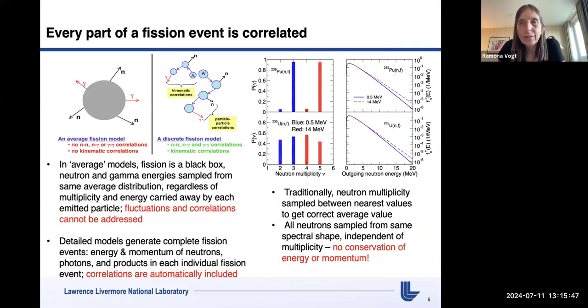And why is it important to have correlations? Well, every part of a fission event is correlated. And over here on the left, you see the average fission model, which is basically a blob, and you don't know anything about the initial state. It's just a blob that neutrons and photons come out of.